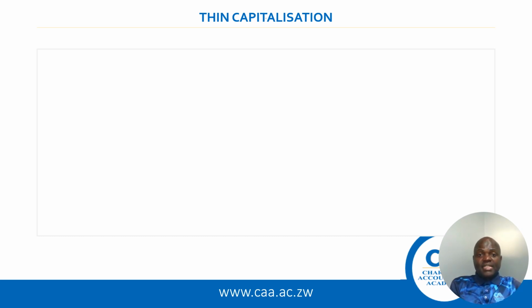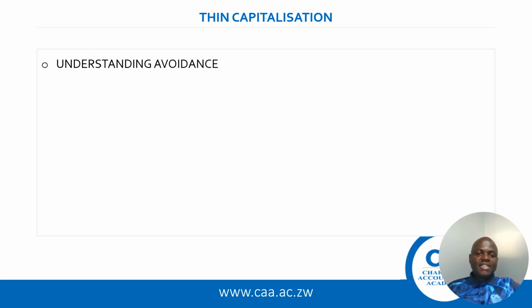Then thin capitalization is another key tax-unique principle that arises out of this borrowing arrangement. Here, the candidate, or the practitioner, needs to understand avoidance: how a taxpayer can try to avoid paying their tax using interest.